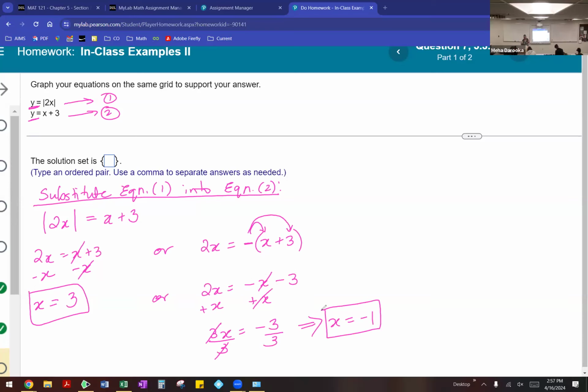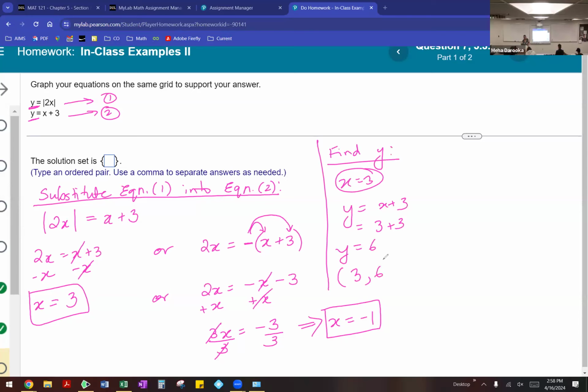Two x values, put that back into your equation to find the y value. And let's see, this will be for x equals 3. I'm just going to use the second equation this time, so that will be 3 plus 3, which will be 6. So our ordered pair will be positive 3, positive 6.